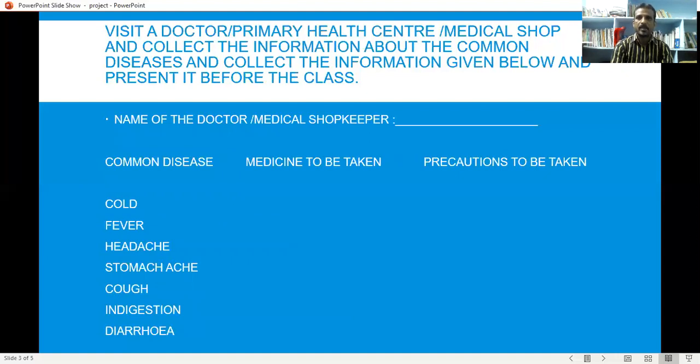That means, first go to a medical practitioner. Before going there, take a book and paper, and on a paper make a format which has 2-3 columns. First, name of the disease, followed by medicines to be taken, followed by precautions to be taken.